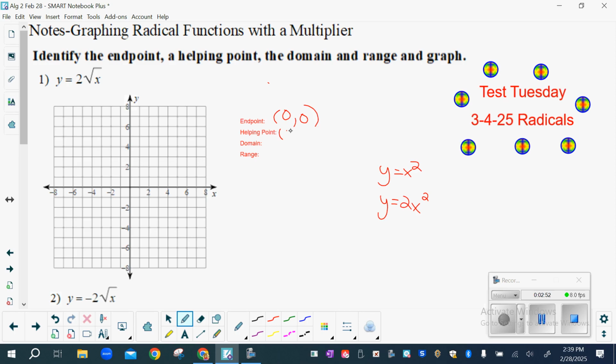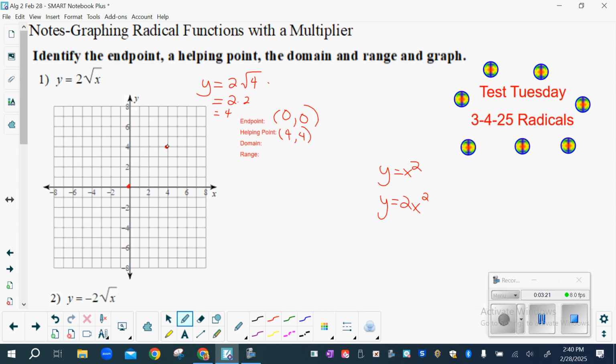You don't have to use 4, I just go to 4 every time. So when we plug it in, we get y equals 2 times the square root of 4. What do we do first, the multiplication or the square root? Square root. So 2 times 2, which is 4. So 0, 0, and 4, 4. And we know this is our endpoint.